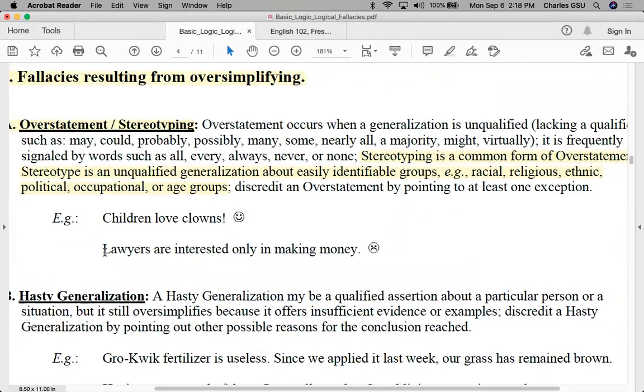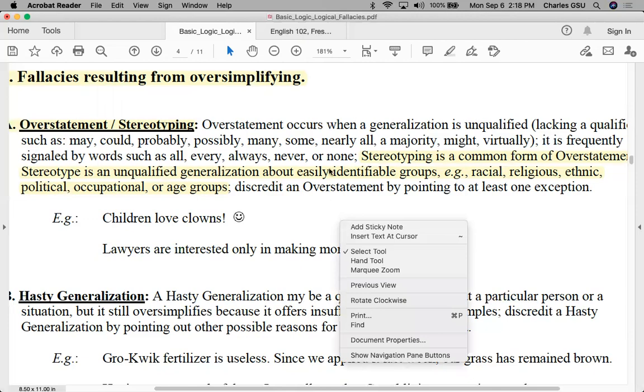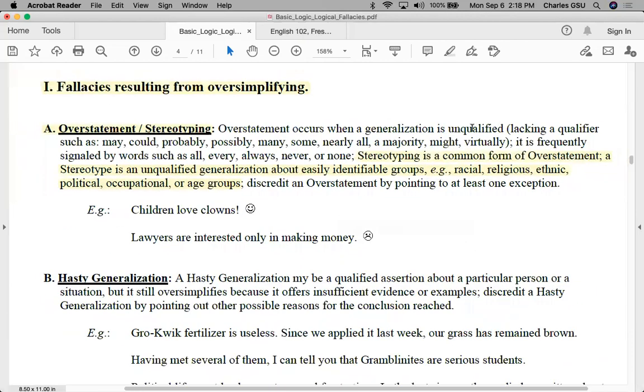And so it just says lawyers are interested, and therefore we have to say all lawyers. So it's not true that all lawyers are interested in making money. Many are, right? And so what I've just done there is I've qualified the argument, and a qualifier is incredibly important in logical argumentation.